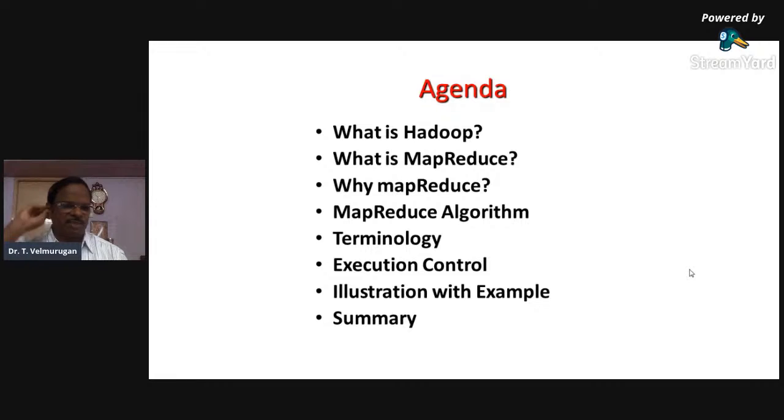What is the terminology utilized in MapReduce? How can we execute the MapReduce programs in the Hadoop environment? Finally, we discuss some examples with illustration. Then the final agenda of this webinar is to discuss the summary of the MapReduce method.